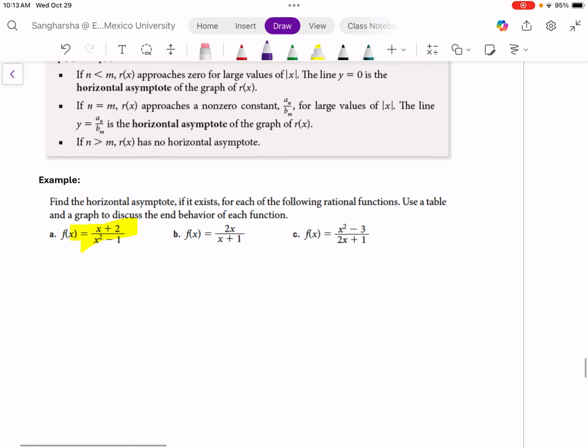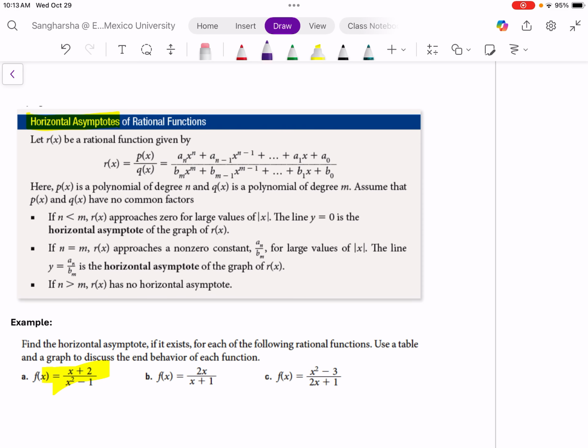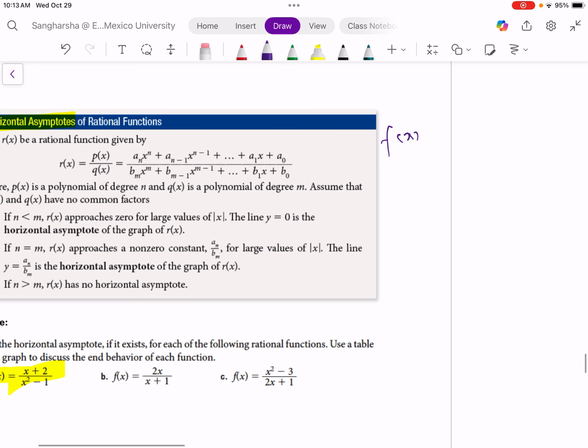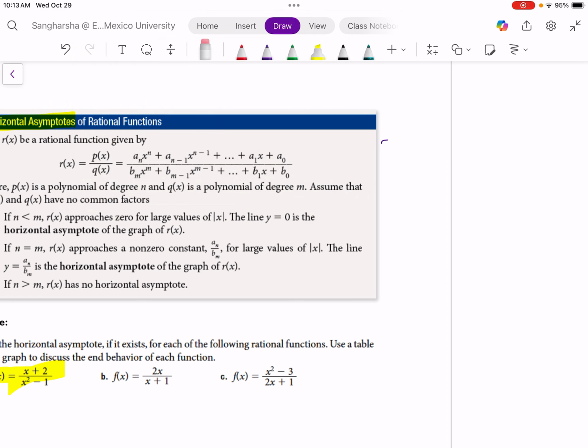So in general, when our x goes to positive infinity, it means we are going all the way to the right.